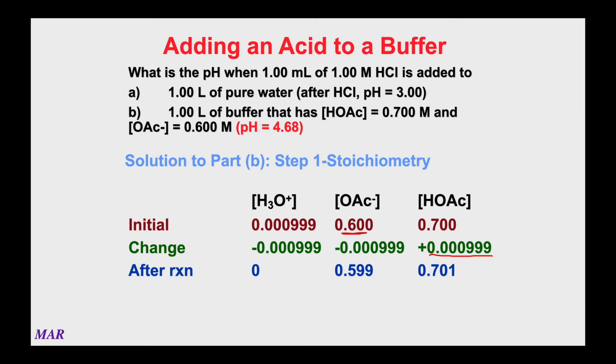So this is what I call the first ice of the double ice table. You just want to figure out the result of having a strong acid or a strong base attack a buffer. Strong acids attack the base, like here, and they make more weak acid. If you had a strong base, you would have the weak acid go down, and the weak conjugate base would increase a little bit. Anyway, this is the first ice.